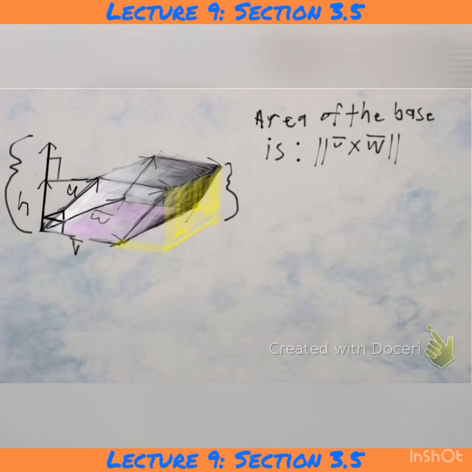If you take the cross product between the vector v and w, that is the vector that is this vector here, orthogonal to both v and w.